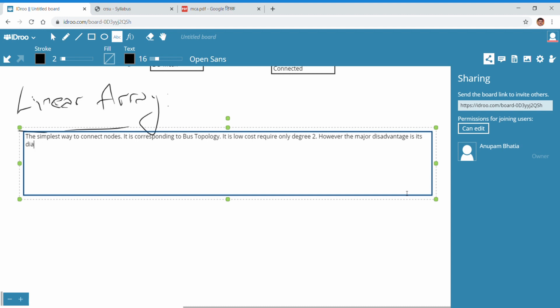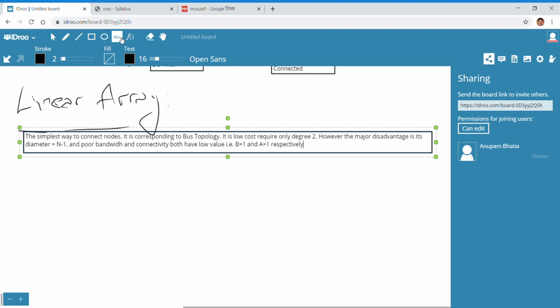Sorry, diameter is equal to n minus 1, and poor bandwidth and connectivity, both have low value, that is b is equal to 1 and a is equal to 1 respectively. And the next one, topology.